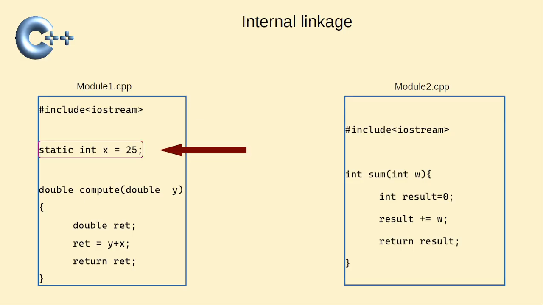Then module 1 inserts the keyword static in the definition of x. That turns this variable into an internally linked one. That means x is not accessible from other modules.